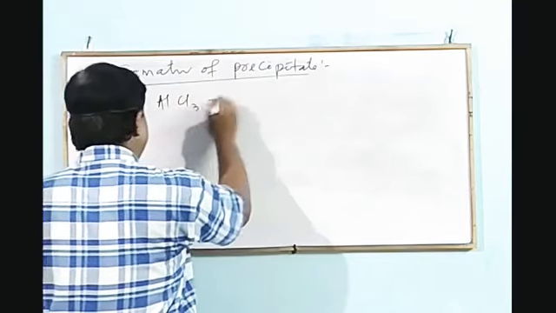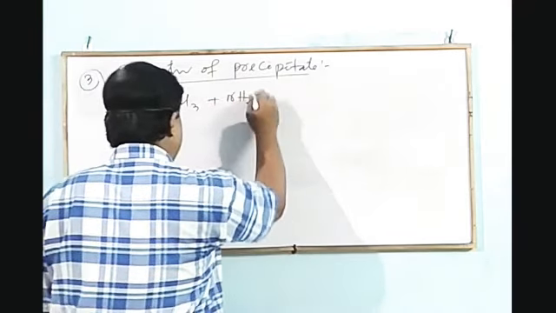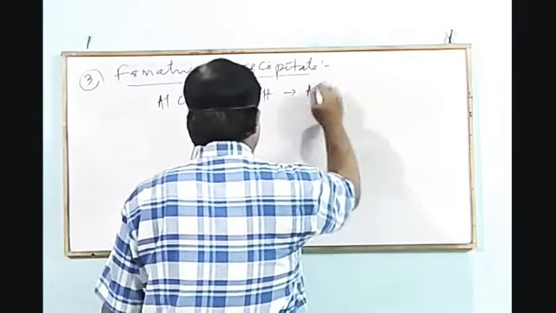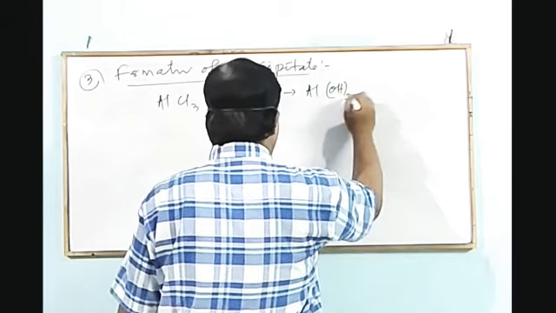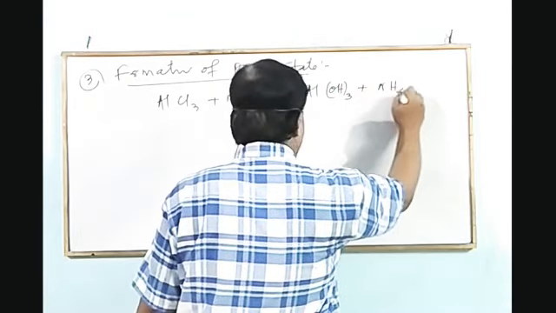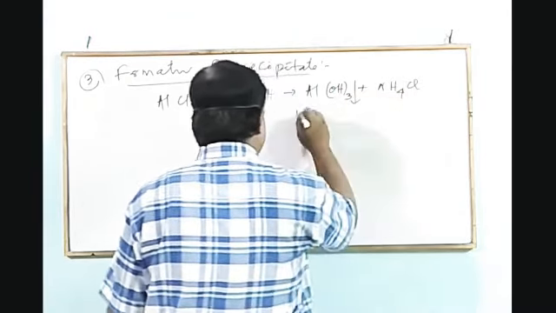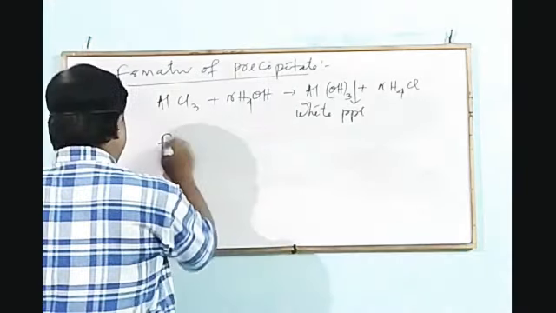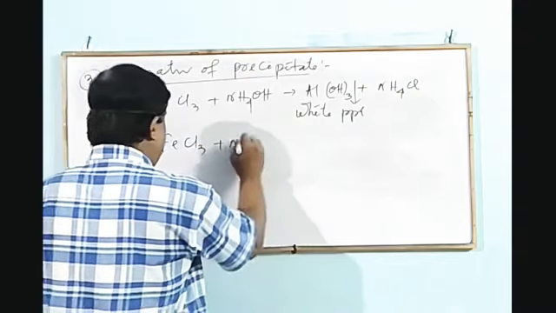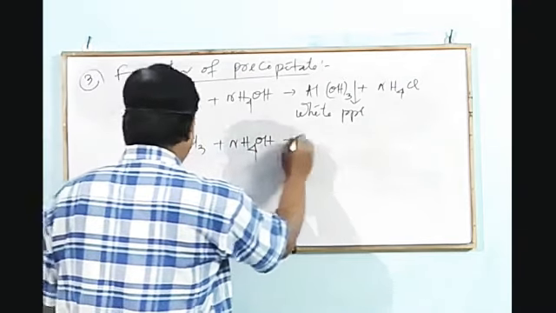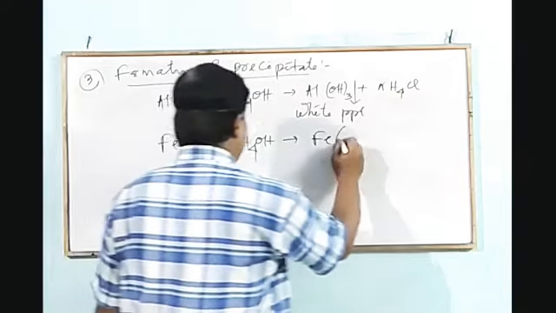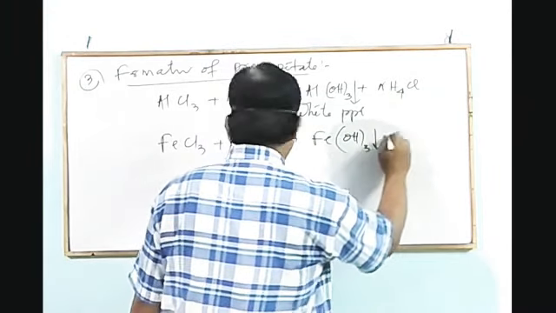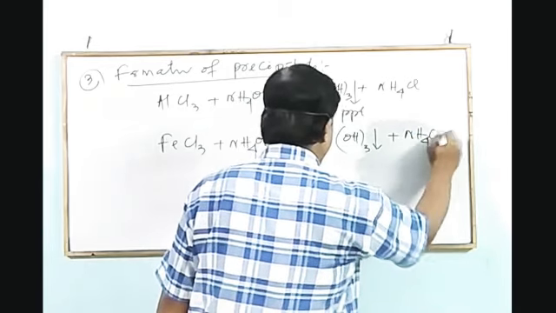Aluminium chloride combines with ammonium hydroxide, resulting in the formation of aluminium hydroxide plus ammonium chloride. It is white precipitate. Ferric chloride plus ammonium hydroxide, resulting in the formation of ferric hydroxide plus ammonium chloride.